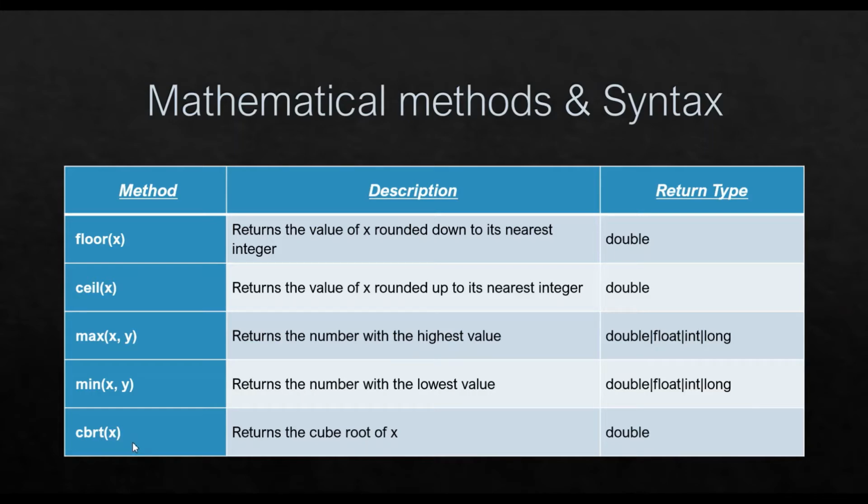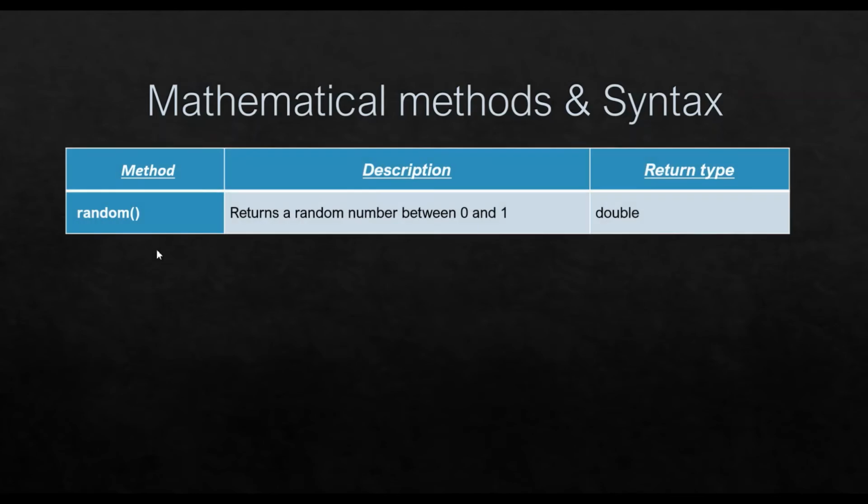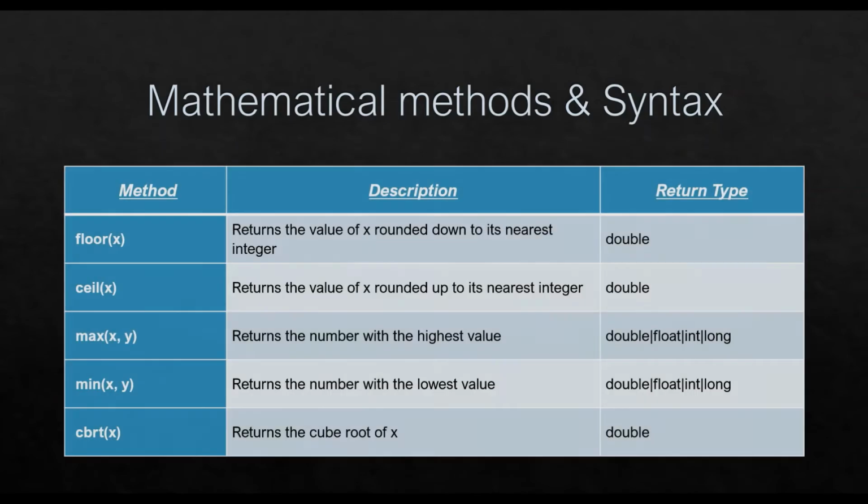Another one is the random method, which returns a random number between 0 and 1. We already did that in my previous video. So these are all the mathematical methods already available in the Math class.